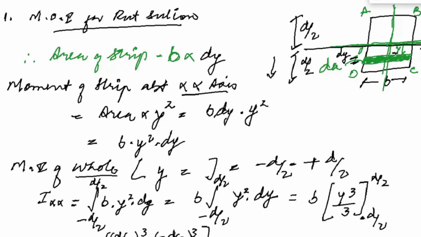Solve it quickly and tell me how much will be Ixx, the moment of inertia about the x-axis. Sorry, it is d by 2 whole cube. It comes out to be bd cube by 12.